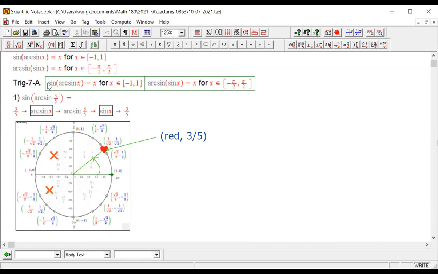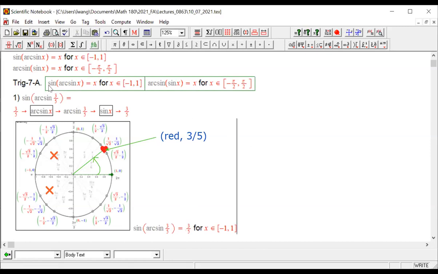So when we apply this property, we check what is x. Our x is 3/5. Is 3/5 between -1 and +1? The answer is yes. So the answer is right there.